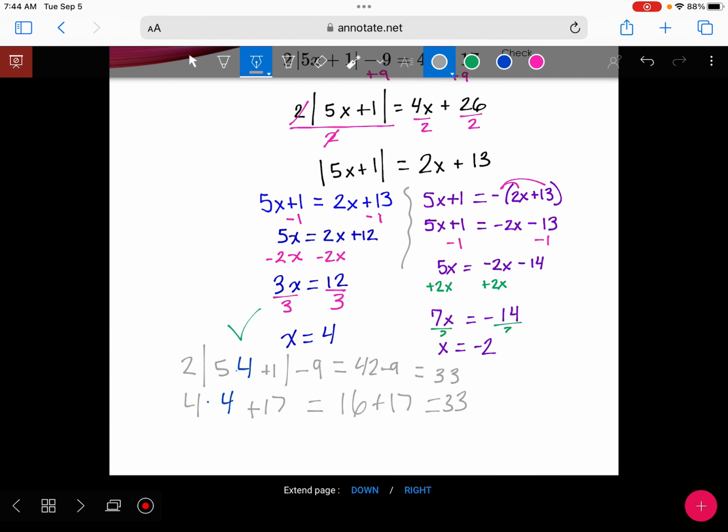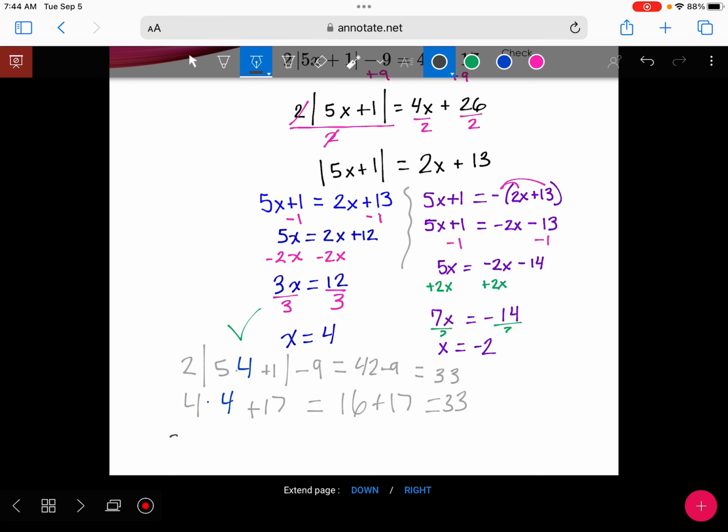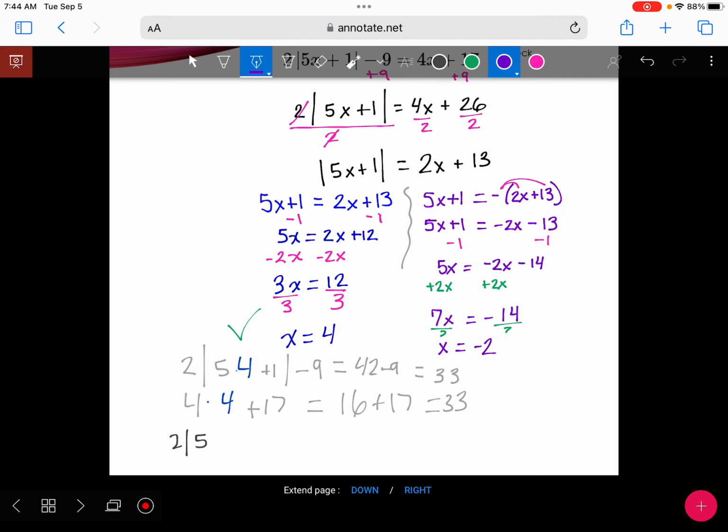Then we need to do our check for the purple one. Let's go a little darker. 2 times the absolute value of 5 times negative 2 plus 1, minus 9.